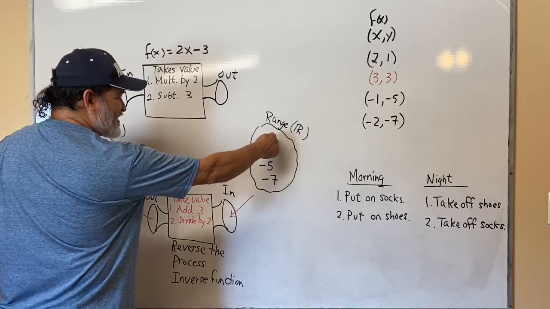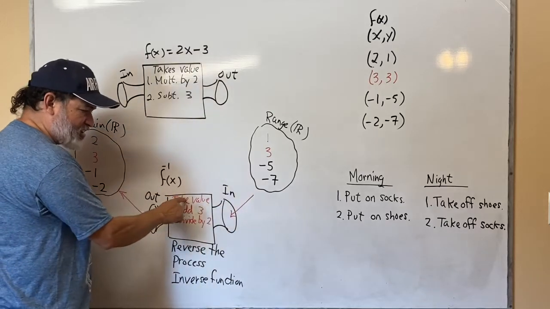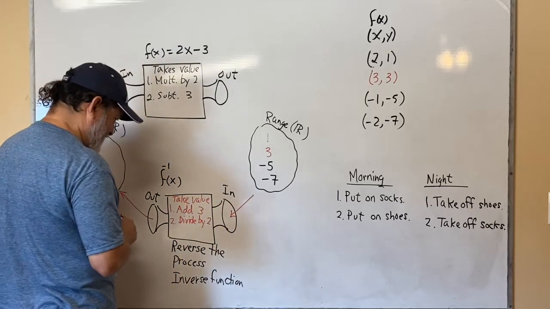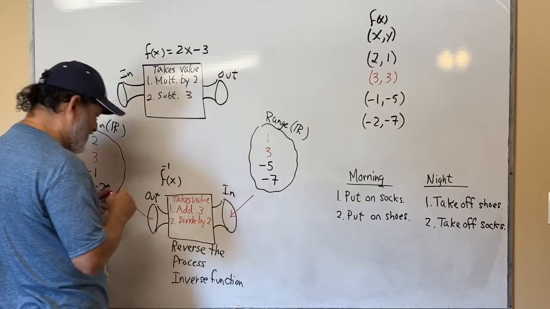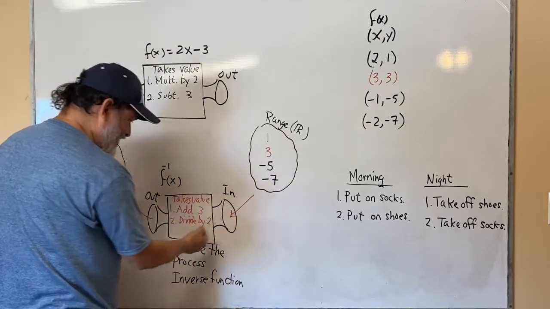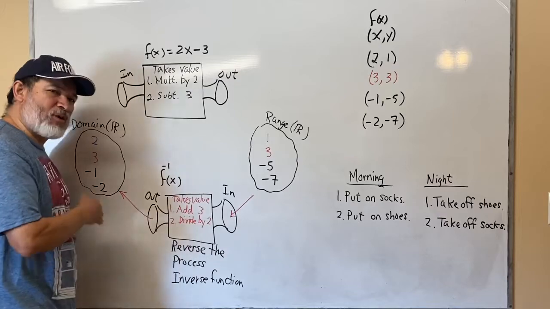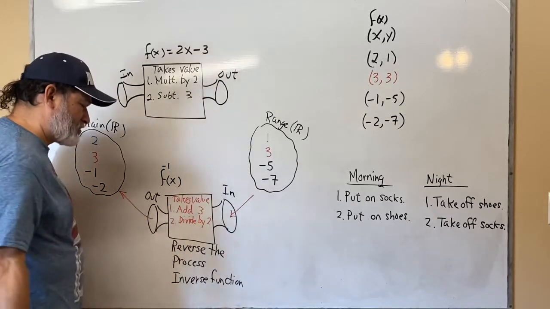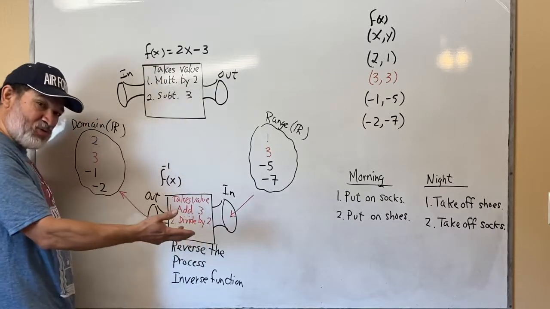So 1 goes inside, the machine takes the value, adds 3. What's 1 plus 3? 4. 4 divided by 2 is 2.